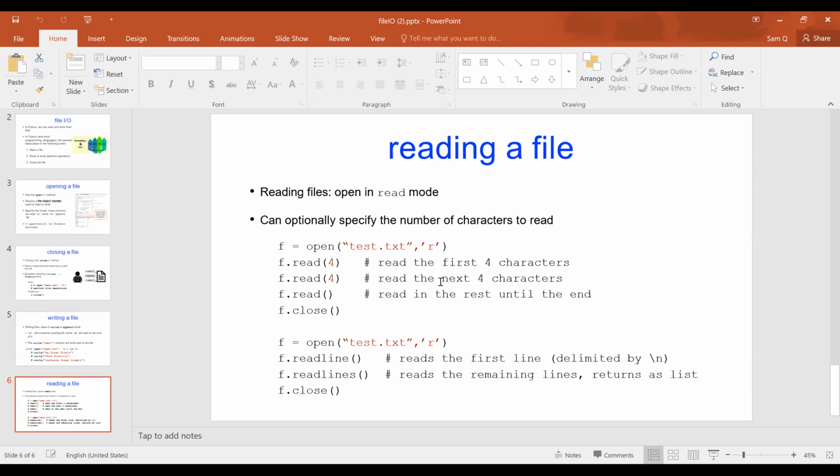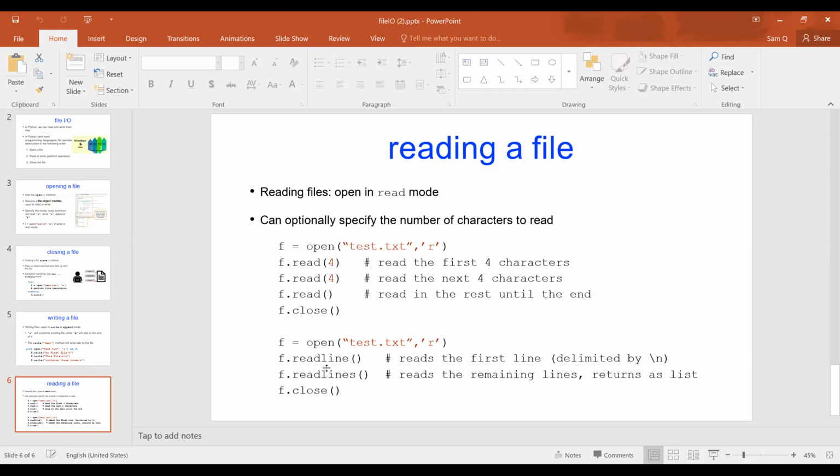Or you can call readline. It will read the first line, then the pointer will increase, and the next call will read the next line, until you reach the end. But when you call readlines, it will try to read everything remaining, all the remaining lines. Then you close. Yes, questions?